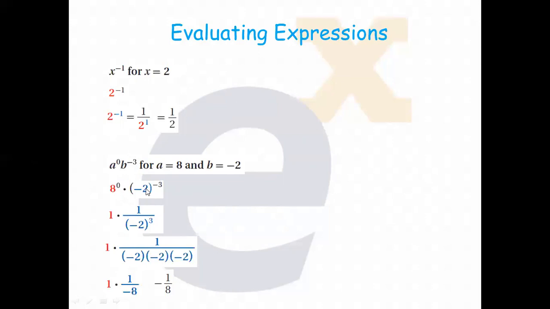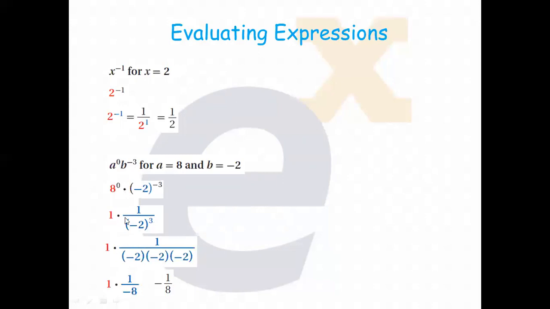Now how do you know whether to put the negative number in parentheses or not? Always look at the place where the b belongs. Is there a negative sign here? Of course not. So you put the number inside the parenthesis. Any number to the power of 0 is going to give you 1. This symbol means multiply, not decimal. Now this we will write in fractional form, so that will go as 1 over (-2) to the whole power of 3.